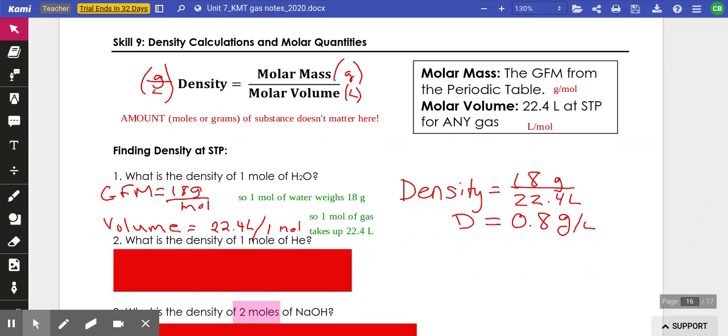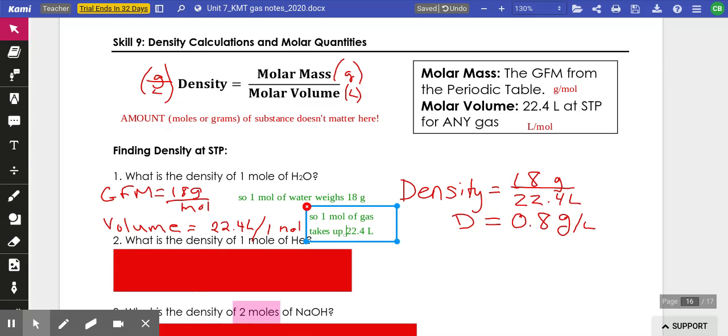In my first example here, what is the density of 1 mole of water? The GFM of water is 18 grams per mole. So that really just means that 1 mole of water weighs 18 grams. The molar volume is 22.4 liters in 1 mole.